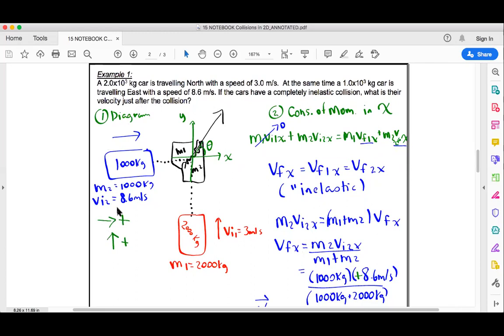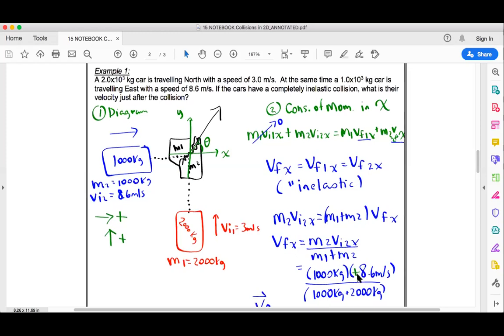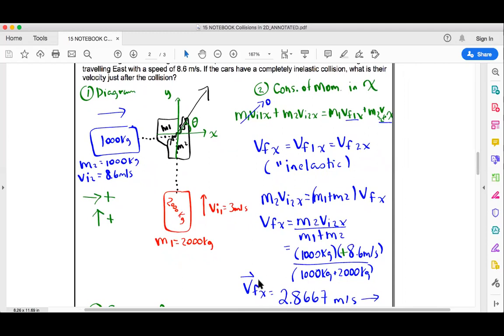Notice on my diagram, I set a positive direction for up, down, and left, right. And when I go to sub in my numbers, I have to sub in my numbers as positive or negative. So be very aware of that. So VFX, the final velocity of this crash in the X component, is solved.